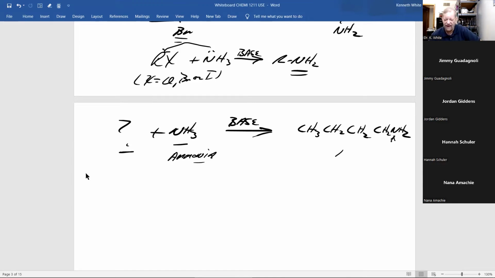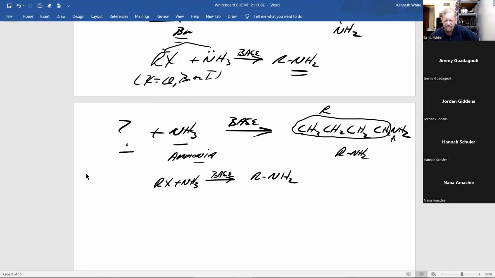And I have a primary amine. This is my R group. What do I start with to make a primary amine? An alkyl halide plus ammonia in the presence of base gives me a primary amine.